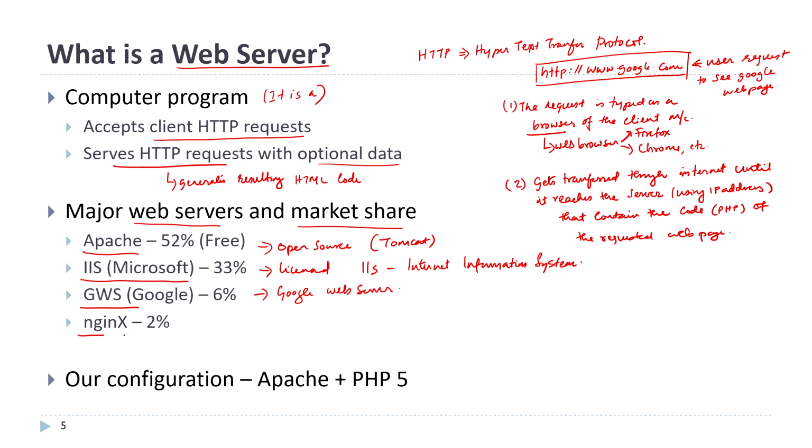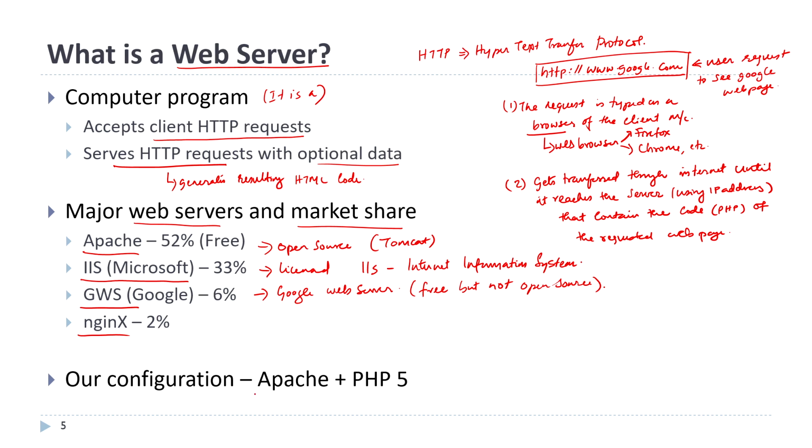And then there is another one, Nginx. Google Web Server is free but not open source. And Nginx is a minor one at 2%.